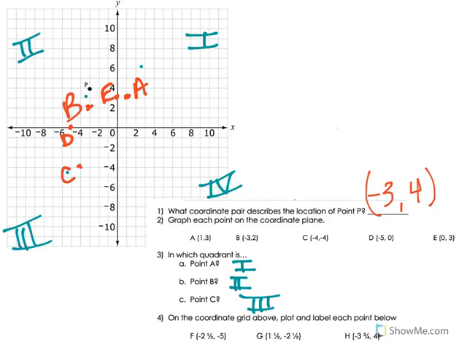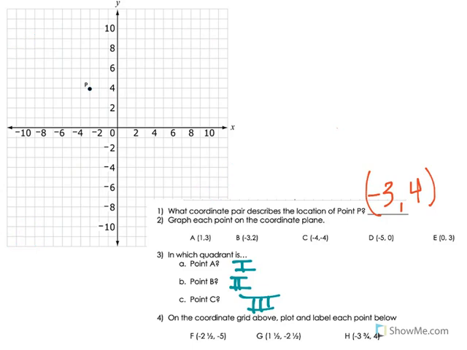I'm going to erase the rest of what is on the grid so we can see exactly what we're looking at. So point F is -2 1/2 and -5. That means I'm going to go to the left of 0 on the x-axis 2 spaces, and then I'm going to be halfway between 2 and 3. Remember the scale here, I can only see counting by 2s.